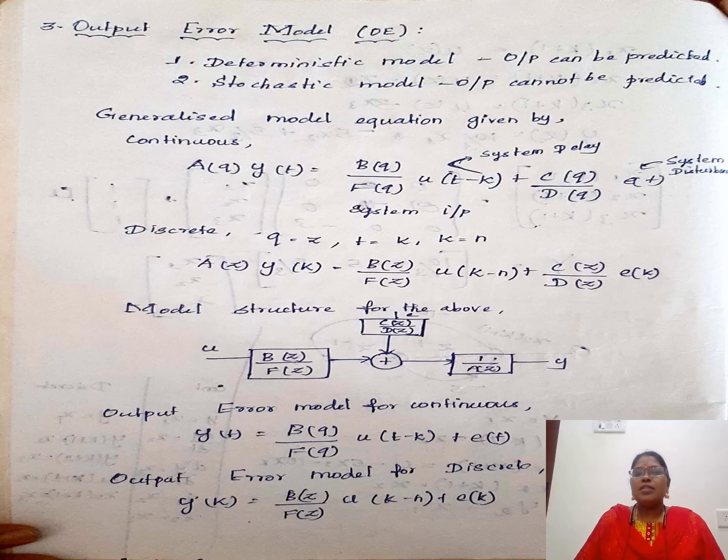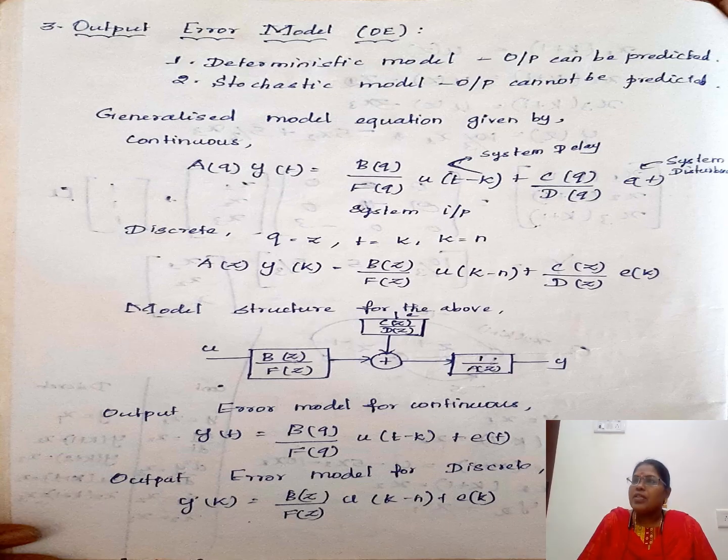This is the general output error model equation, represented by A(q) y(t) = B(q)/F(q) u(t-k) + C(q)/D(q) e(t). The t minus k is the system delay, and e(t) is the system disturbance, or error.